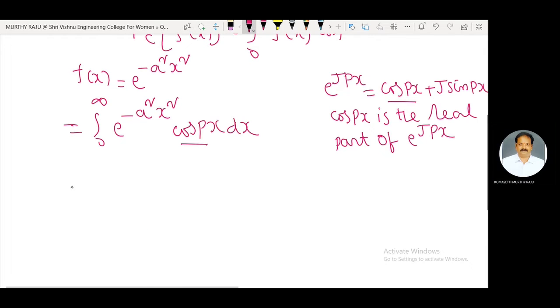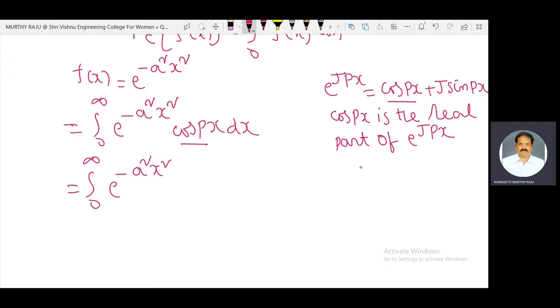Substitute here: 0 to infinity e power minus a square x square cos px is replaced with real part of e power j px dx.